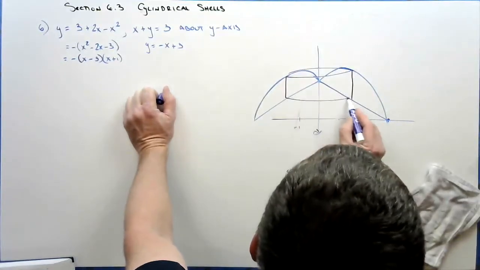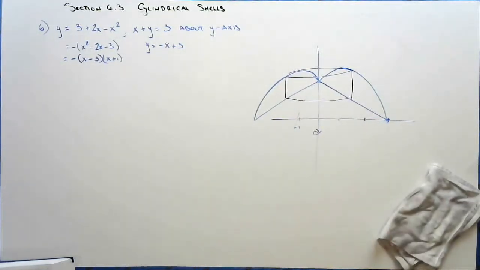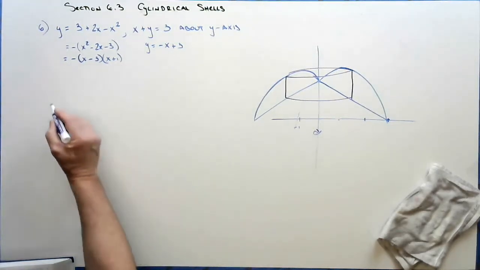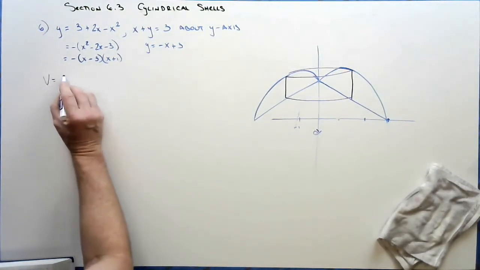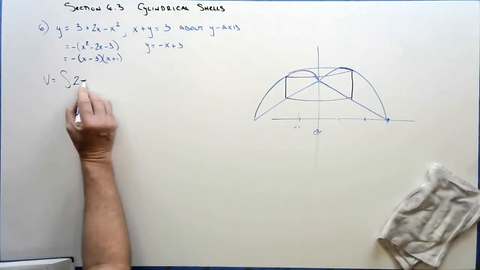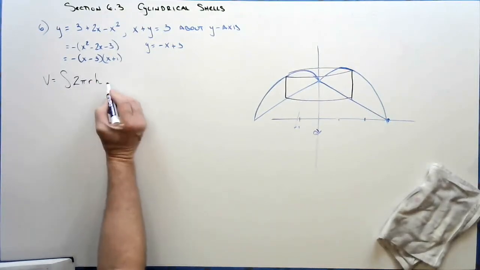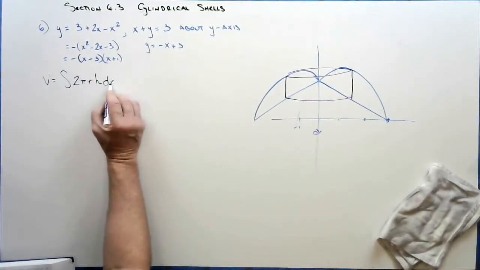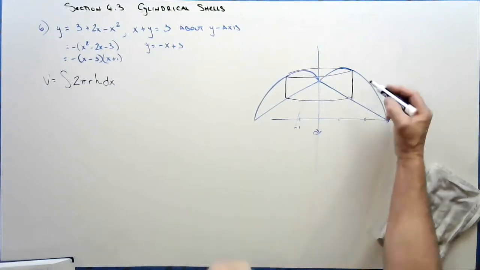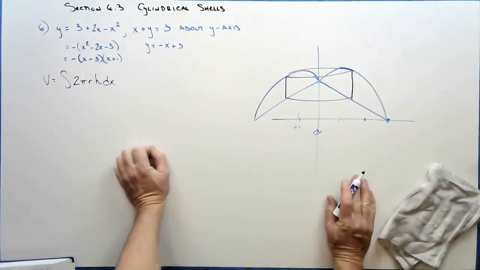Make our cylinder. So remember, our method for shells is that the volume is going to equal the integral of 2 pi times the radius times the height. In this case, it's going to be dx, because our slice is perpendicular to the x-axis.